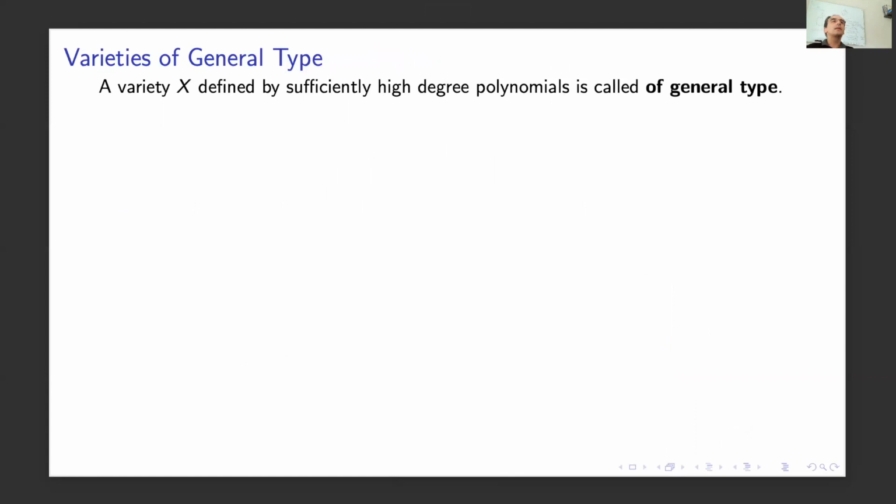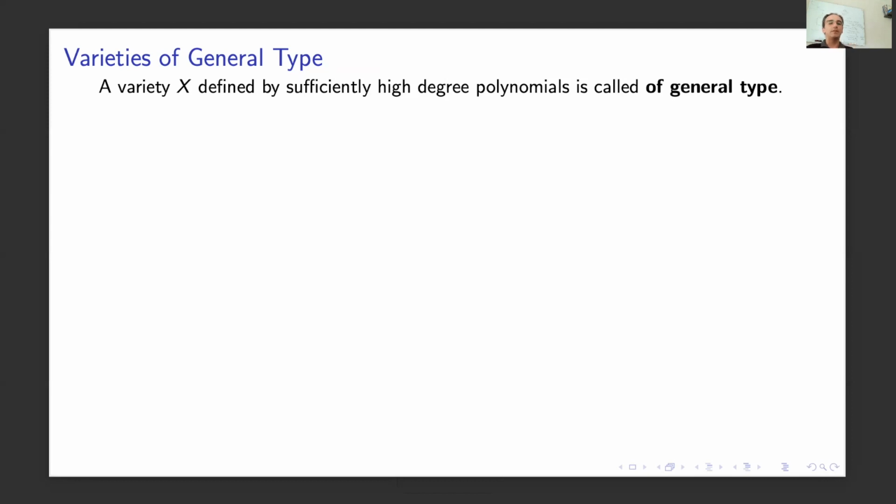Okay, so the goal for now is to understand many properties of varieties for which we know how to extend this picture in higher dimension. So let me focus on the set of varieties of general type first. So a variety X is said to be of general type.